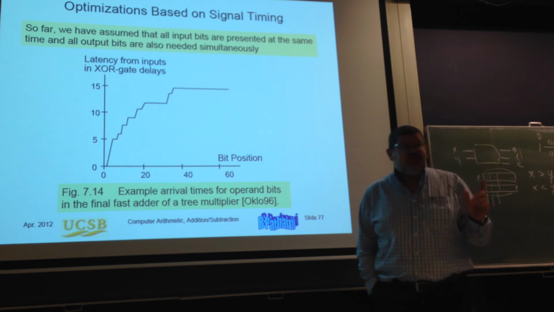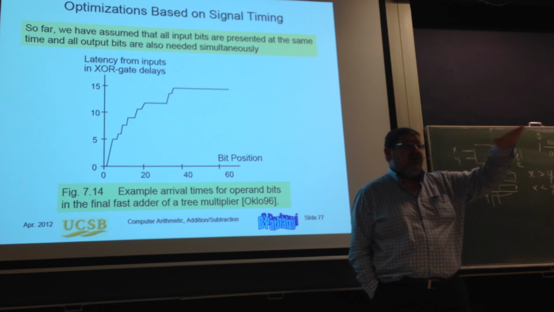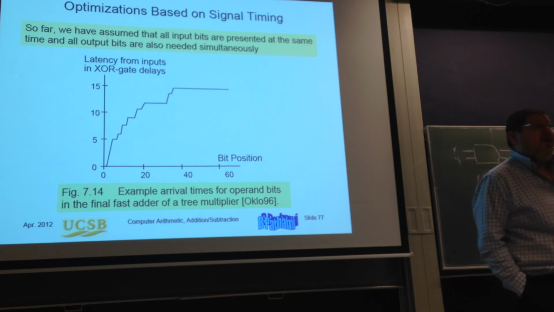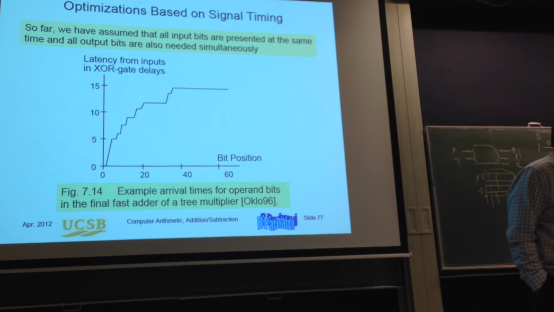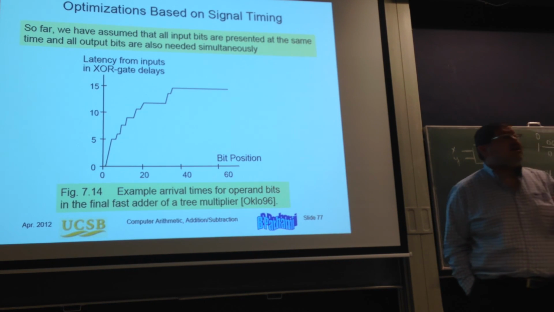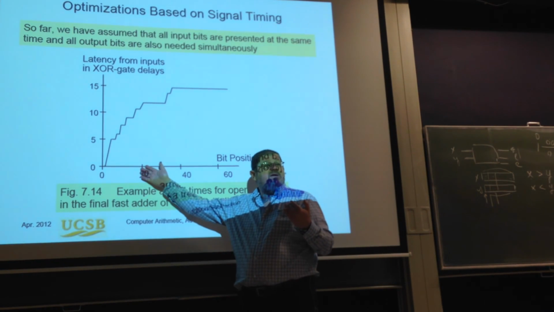What we assume is that the arrival of the inputs is kind of uniform. This is true whenever your adder is your ALU unit. Whenever the adder is part of a multiplier, the arrival of the inputs might be different, and this is an arrival profile for a multiplier.